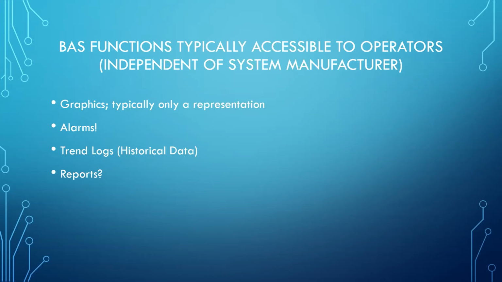Alarms are a critical feature. Trend logs or historical data and some way to access them. And reports. These are all things that are common to every manufacturer's system. And these are all things that are accessible to the building operators. Reports are kind of one of those weird things. Companies use them very differently depending on the system, but they're almost always there in some form or other.